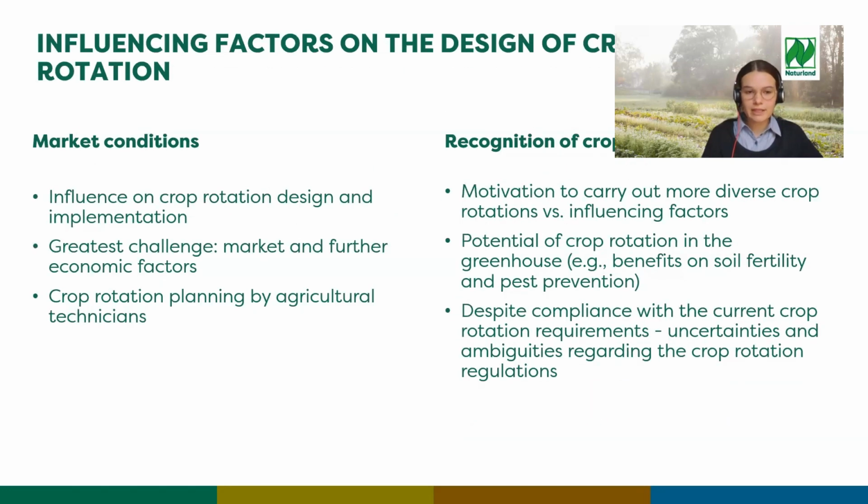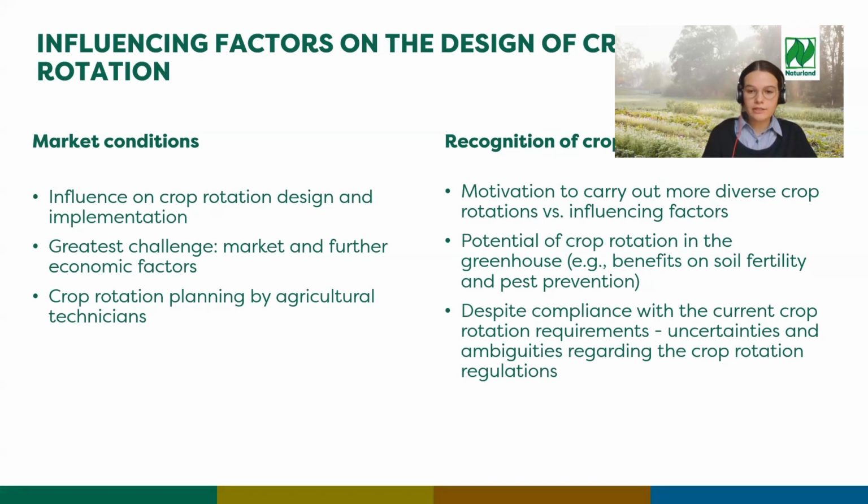And last but not least, I identified the main drivers and influencing factors when it comes to designing and planning the crop rotation. So the first key influencing factor that was determined was the market conditions. The market influences the different aspects that determine crop rotation planning and influences the implementation of certain measures.